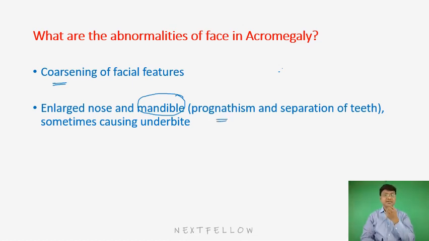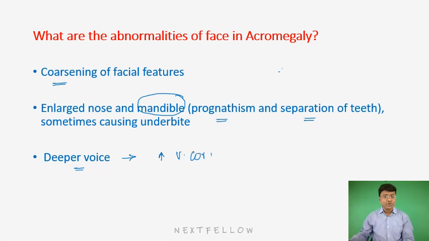Even within the mandible, there will be wide separation of the teeth. So these will be the facial features in patients with acromegaly. And if you observe the voice in these individuals, they have a deep voice, and that is because of enlargement of the vocal cords.